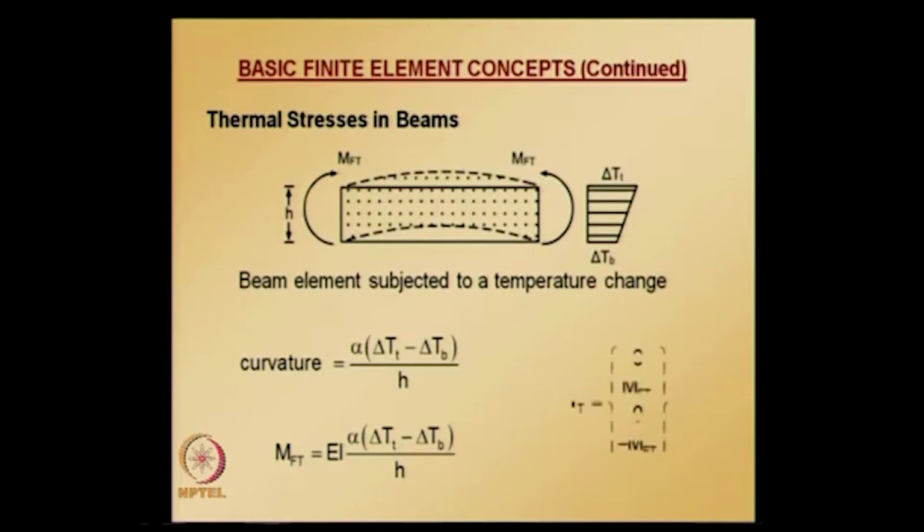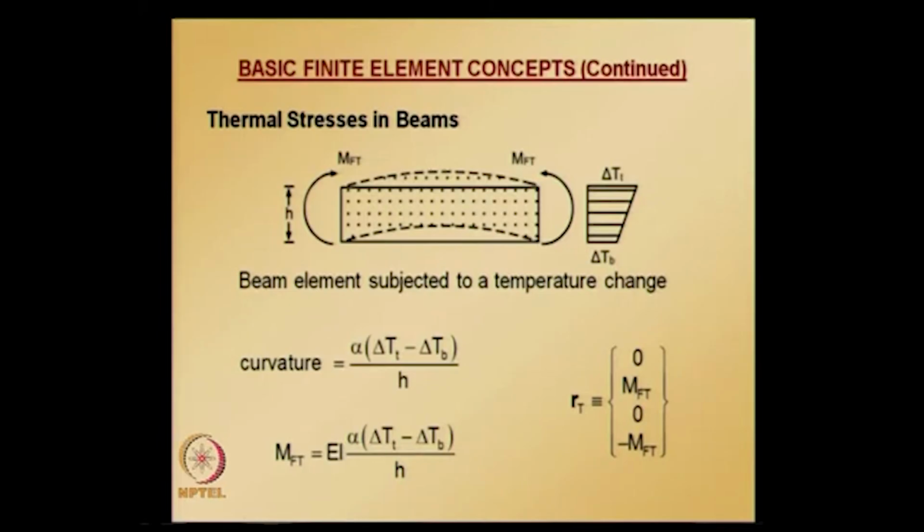Using that approach, the equivalent load vector turns out to be this, because there is no shear along the span of the beam, only bending moment. Putting the fixed end solution in a vector form and reversing the sign, we get the equivalent load vector.